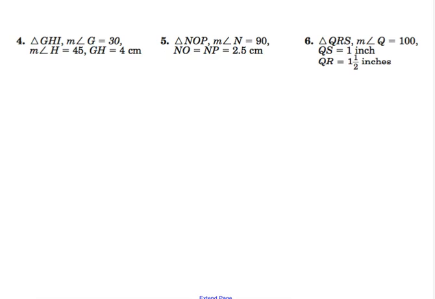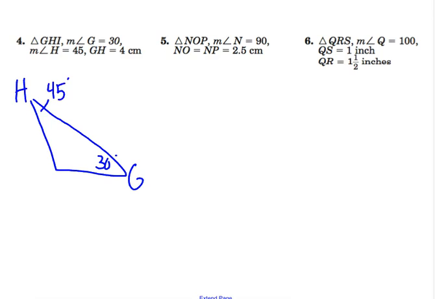Triangle GHI, where the measured angle G is 30, the measured angle H is 45. So I'm going to have a triangle that looks something like this. Put G here, 30 degrees, H here, 45. Well, let's figure out if this is going to be an acute or an obtuse angle. Well, I know that 45 plus 30 gives me 75.